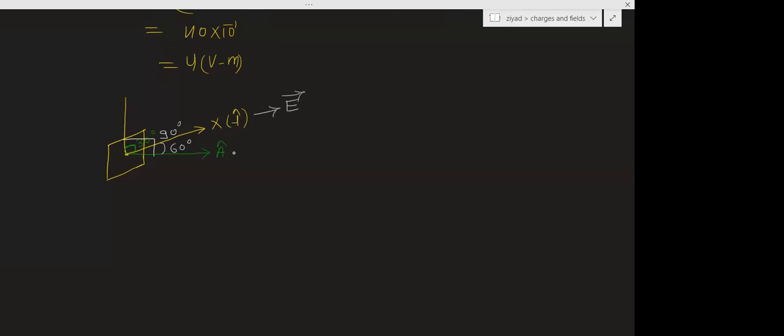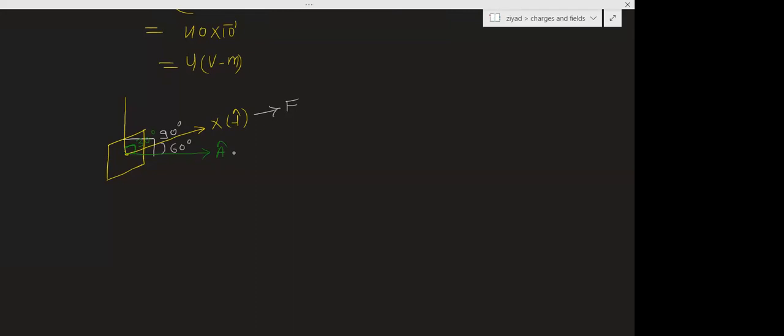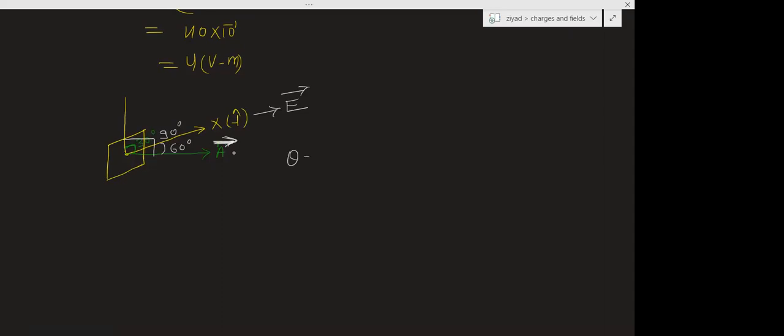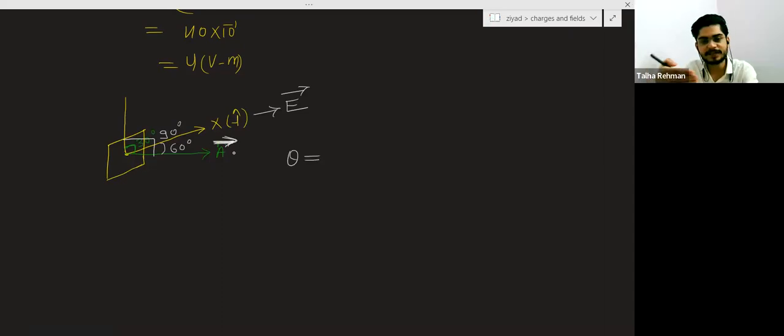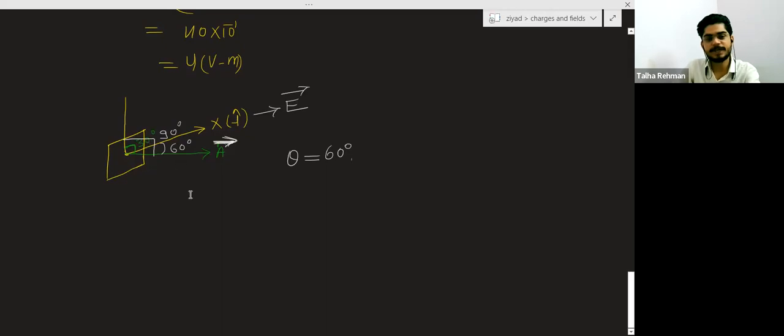So what is theta? Theta is the angle between the area vector and the electric field. The electric field is in this direction, and the area vector is also in this direction. So theta is the angle between the area vector and the electric field, and we have got this 60 degree.